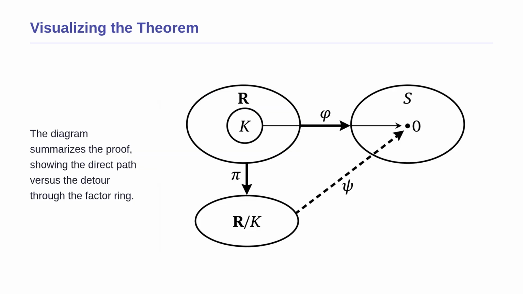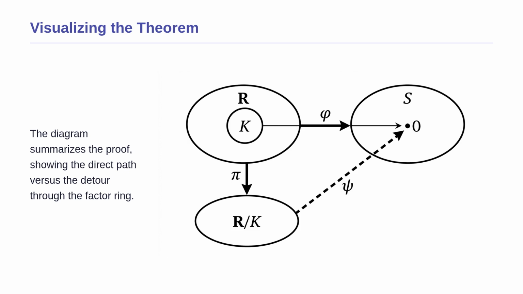To make this completely clear, let us look at a visual summary of the proof we just walked through. On the screen, you see the main ring R mapping to the destination ring S via the function phi. Inside R is the kernel K, which maps directly to 0 in S. Instead of traveling directly from R to S, you can take a detour.